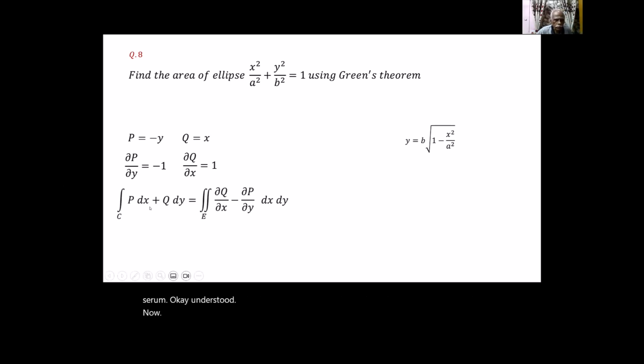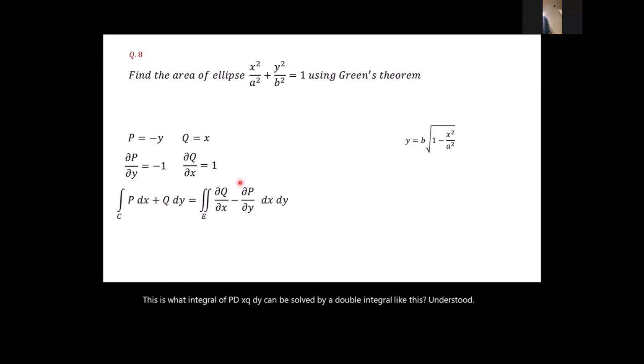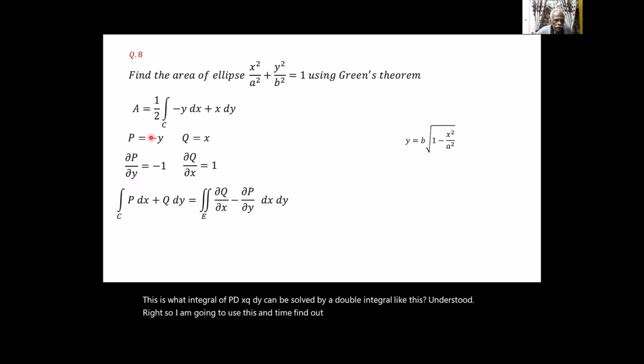Now, this is what you know. Integral of P dx plus Q dy can be solved by a double integral like this. Understood? So I am going to use this and try to find out. Here, area is given by this formula.